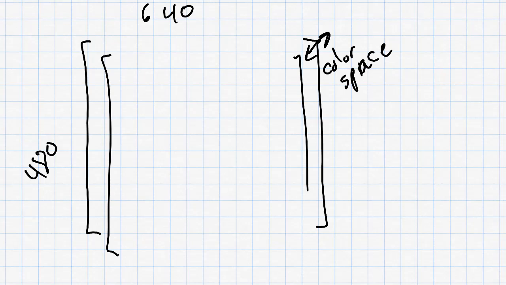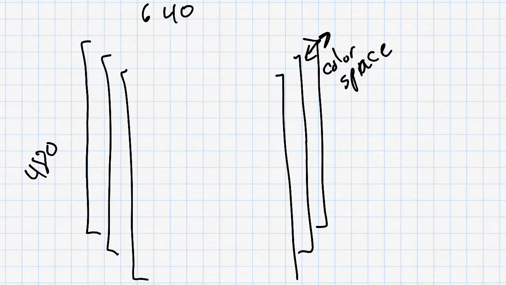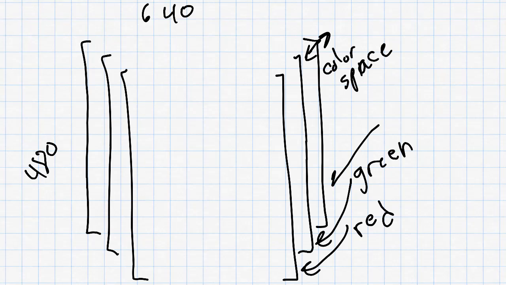So, our digital image consists of 3 matrices, each of them with 480 rows and 640 columns. In RGB color space, one of the matrices contains all of the information about the red color values, one matrix contains all of the information about the green color values, and a third matrix contains the information about the blue color values.